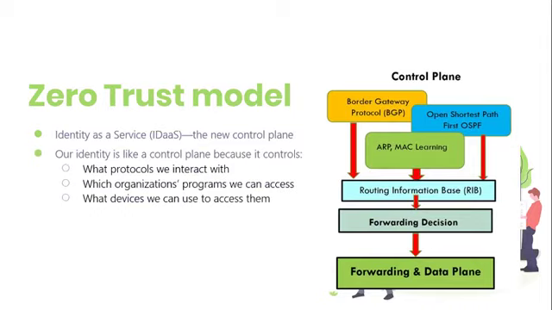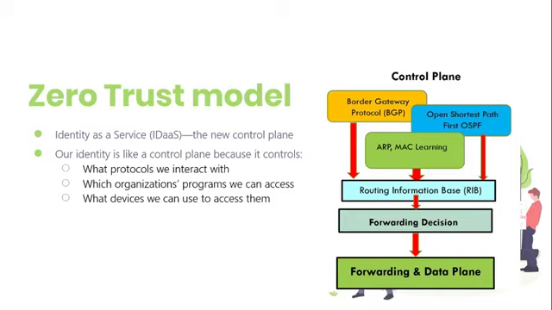When we say identity management is the new control plane, what is the basis for the analogy? First, what is the control plane? In a switch or router, the control plane is the component that controls where the traffic is to go, but is not responsible for the movement of the traffic.